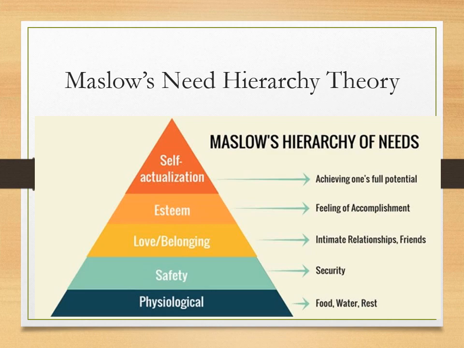According to this theory, once a need is satisfied, it is no more a motivational factor, and all the needs are interdependent. One need is dependent on the other. Only a higher need will arise when the lower need is satisfied.